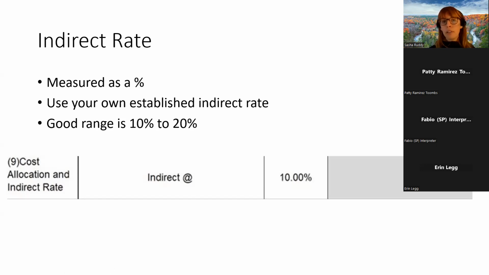For this example, this organization chose 10% as the indirect rate that suited them best. But again, that range is from 10 to 20%, or you can use your own established indirect rate if your organization has one.